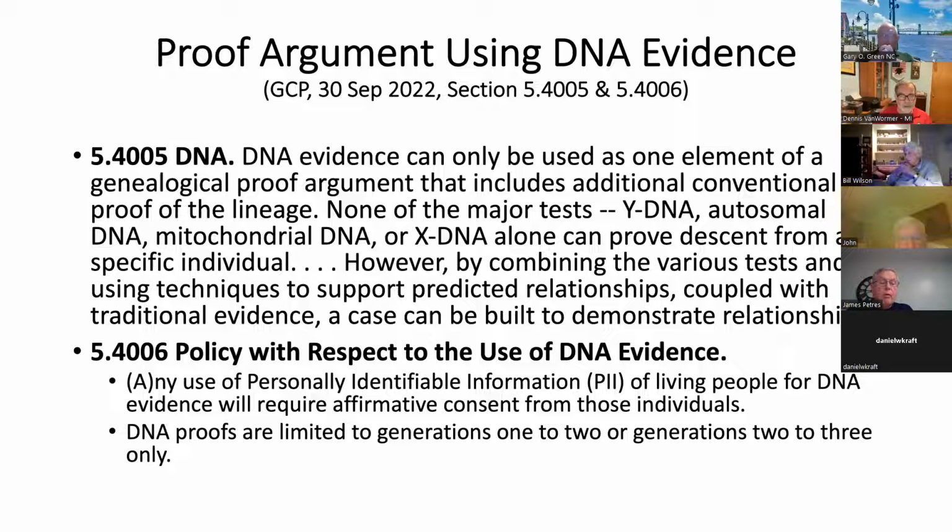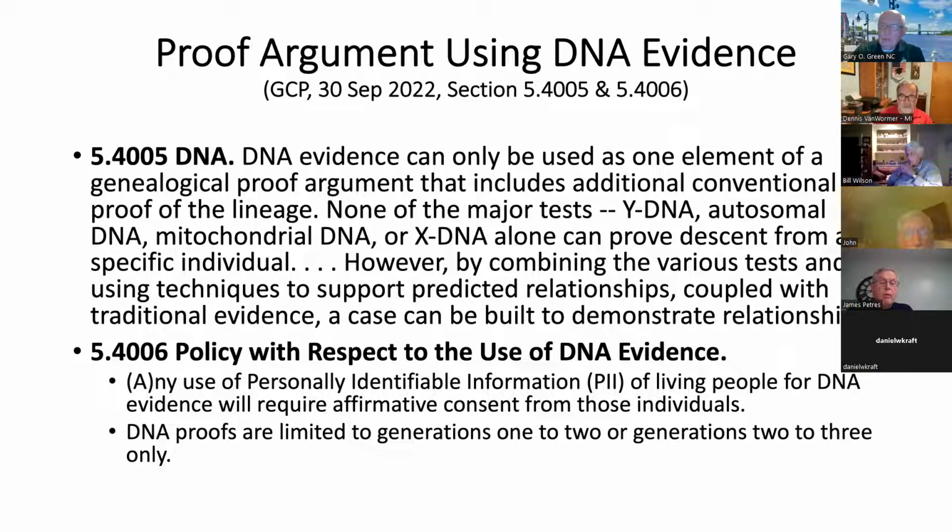The second policy there has two specific points that I wanted to bring up. Any use of personally identifiable information of living people for DNA evidence requires affirmative consent from those individuals. You cannot just pick up a match off of 23andMe or somewhere else and say, oh, look, this person matches me, I'm going to use it.